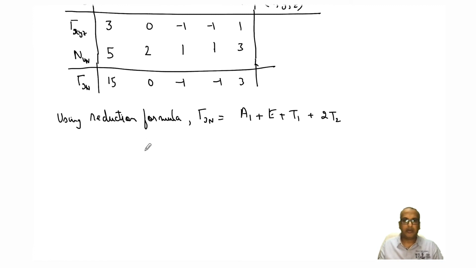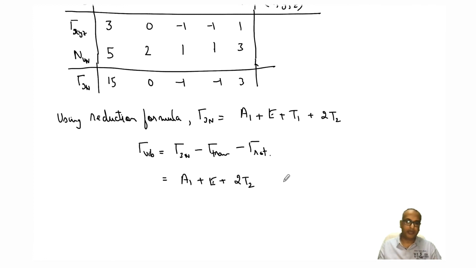Now for tau vibrational, we have to subtract the rotational and translational out of it. Tau 3n minus tau translational minus tau rotational. So this will give you A1 plus E plus 2T2.